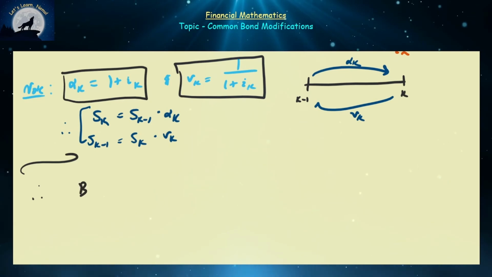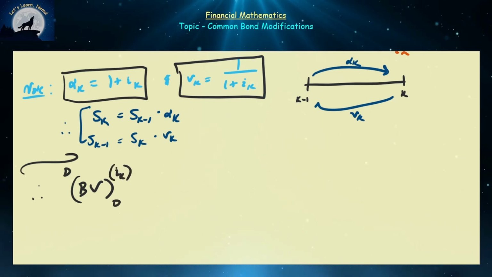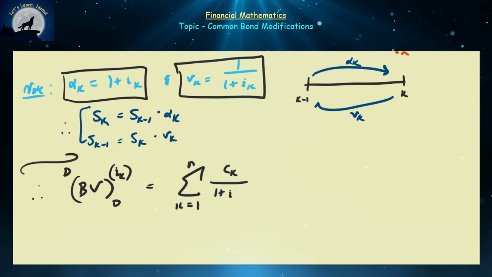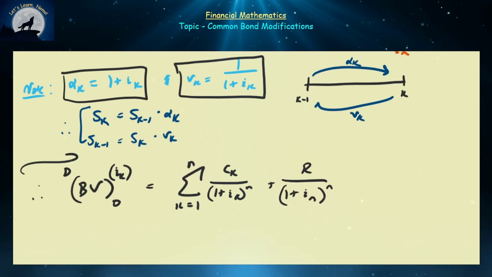One way you could do it is using direct rates, which I'm going to superscript with d, at time t equal to 0 under interest rates i_k. That's equal to the sum from k equals 1 to n, usually we don't start at 0, though you could have a coupon payment today, it doesn't make much sense, of c_k divided by 1 plus i_k to the power of k, plus r over 1 plus i_n to the power of n. This is direct rates.